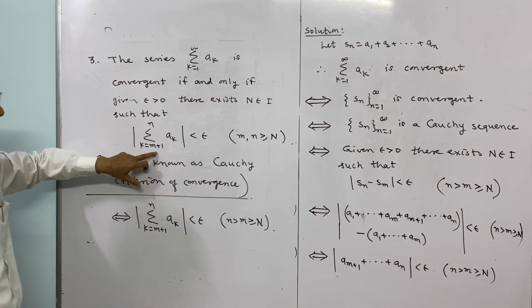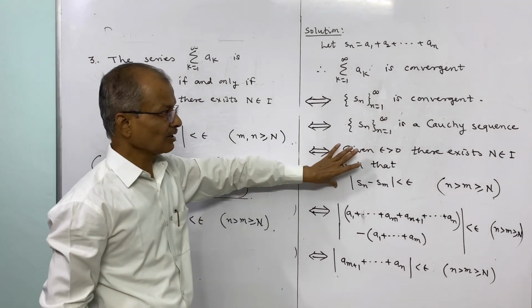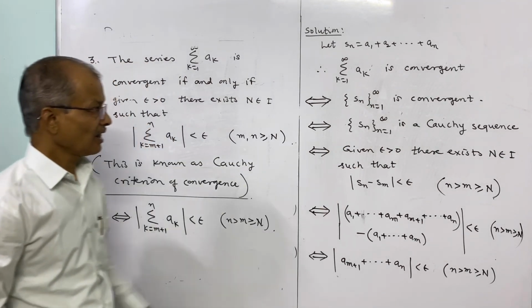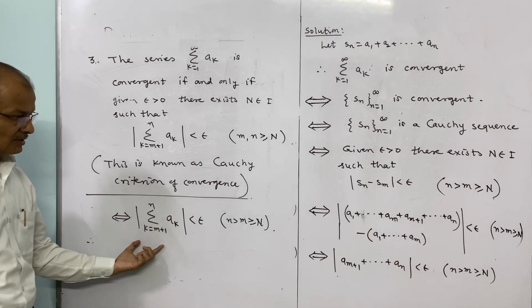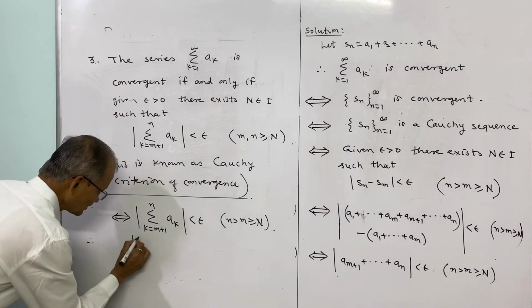This is the Cauchy criterion because we have used the definition of a Cauchy sequence, and thus the series is convergent if this condition is satisfied. Hence the result.